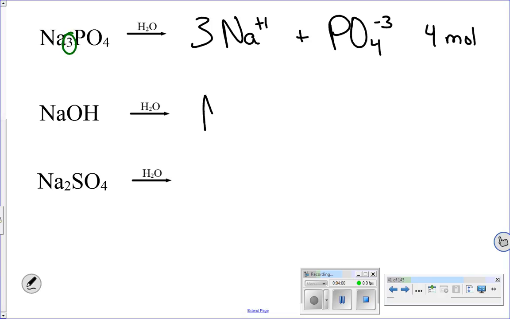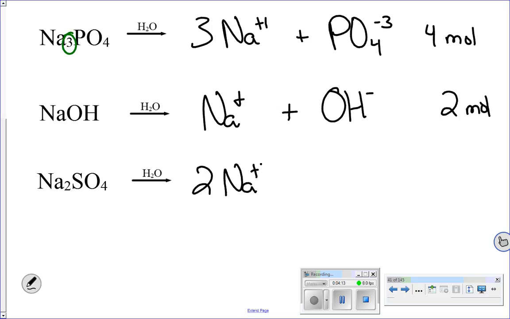NaOH will break into Na plus and OH minuses. That's 2 moles of ions again. And sodium sulfate will give us 2 sodiums and 1 sulfate, which is a total of 3 moles of ions.